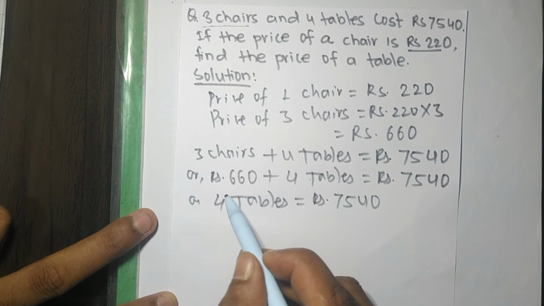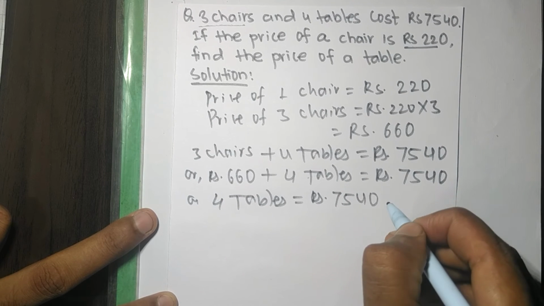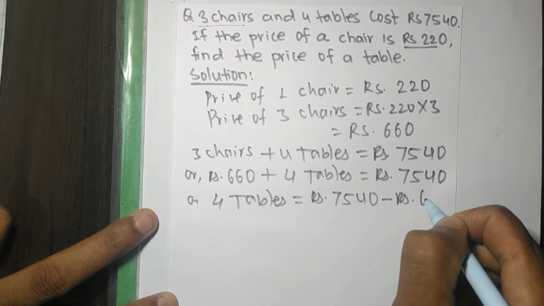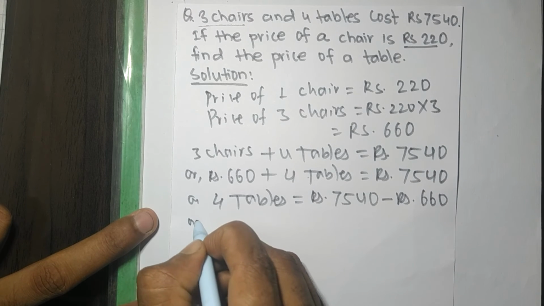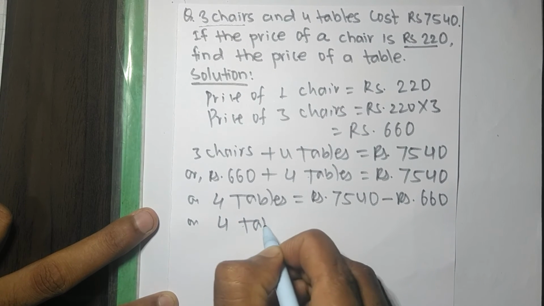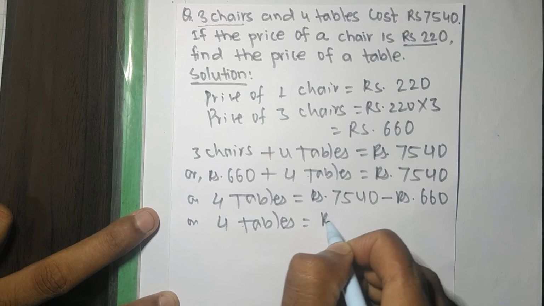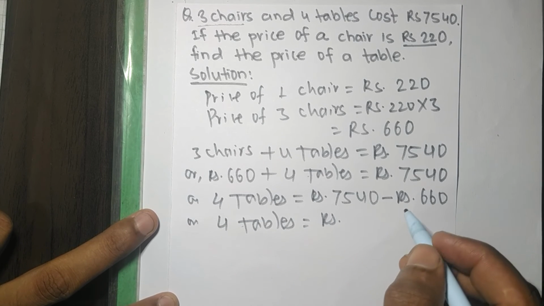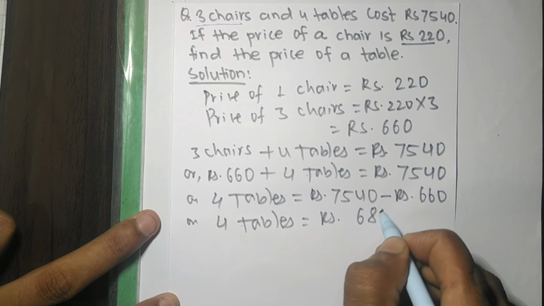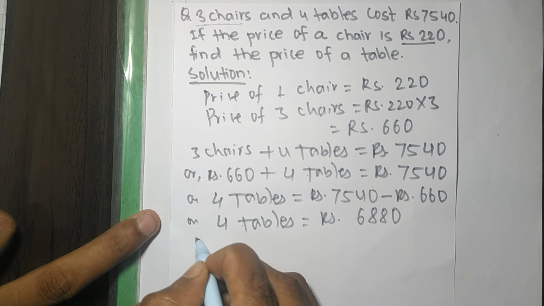So the cost of 4 tables is equal to Rs 7,540 minus 660, since the 660 in plus, on moving to the opposite side, becomes minus. So on subtracting, the cost of 4 tables is 6,880.